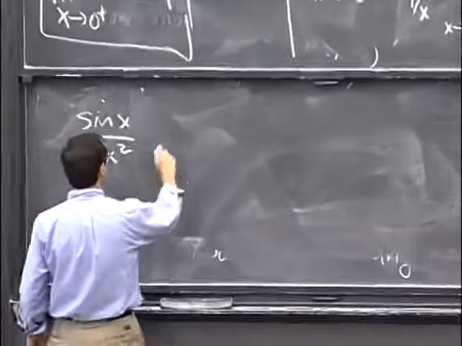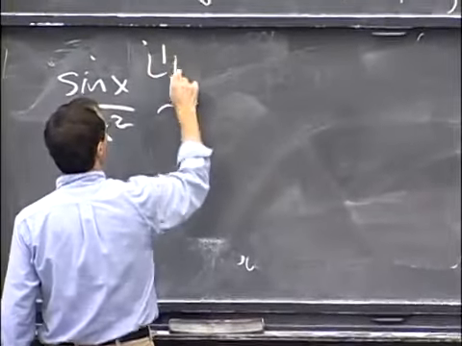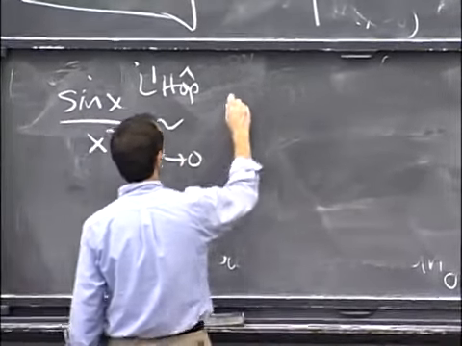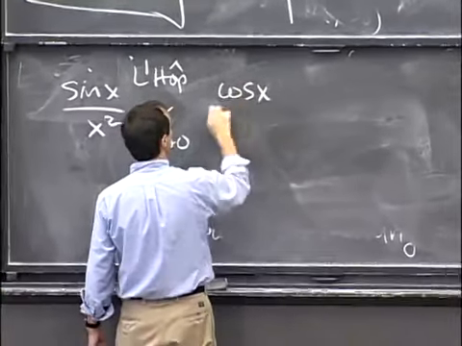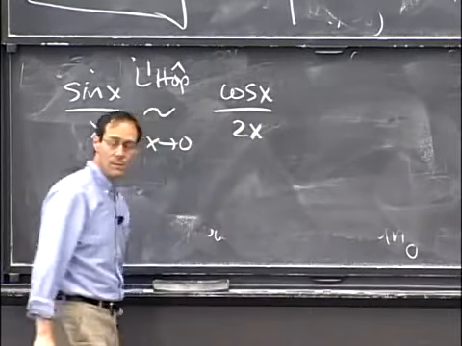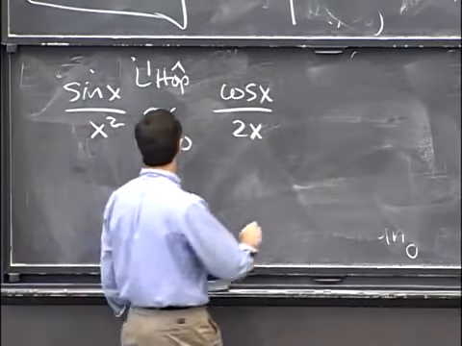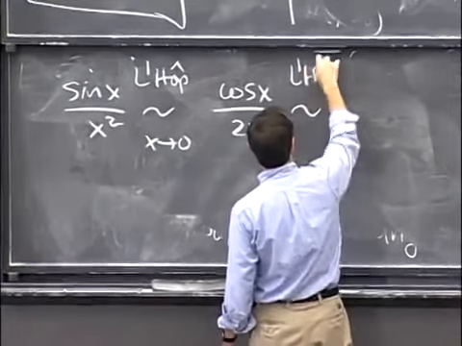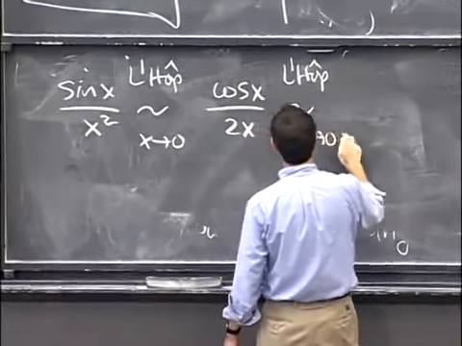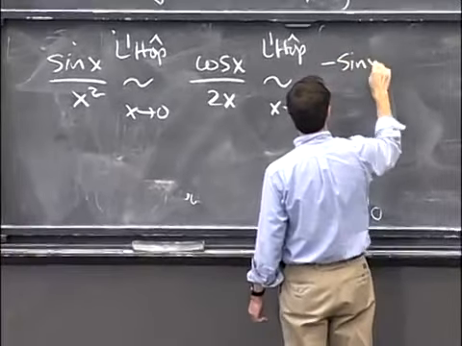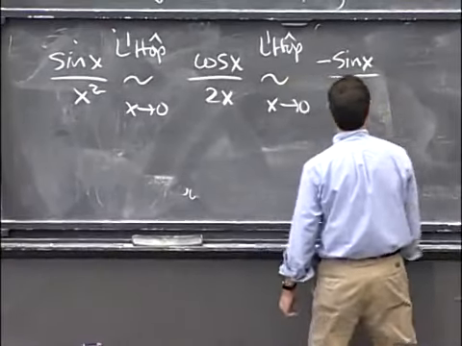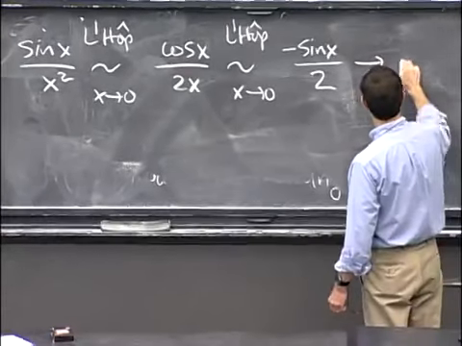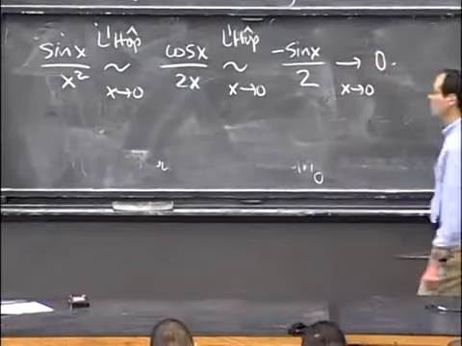If you apply L'Hopital's rule, as x goes to 0, you're going to get cosine x over 2x. And if you apply L'Hopital's rule again, as x goes to 0, you're going to get minus sine x over 2. And this, as x goes to 0, goes to 0.